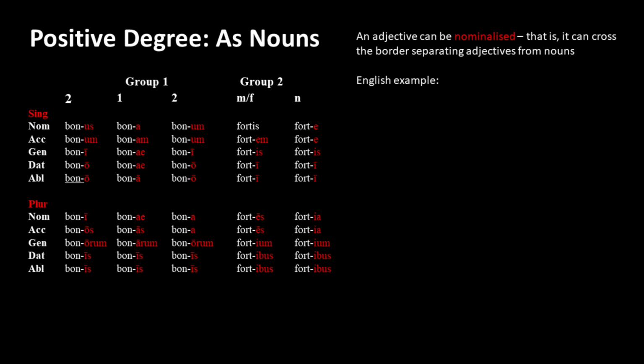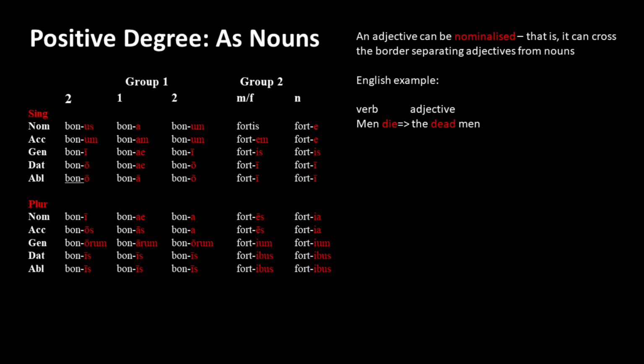Let's take this example in English. We start with the verb, men die. This progresses to an adjective, dead men. Well, you could say that that is a participle, a past participle. But participles are adjectives, so we'll stick with dead men as an adjective.